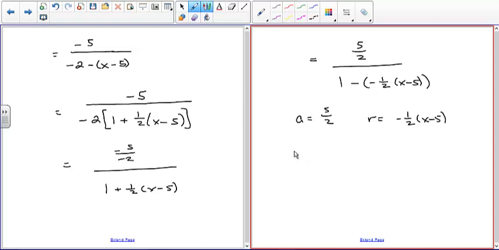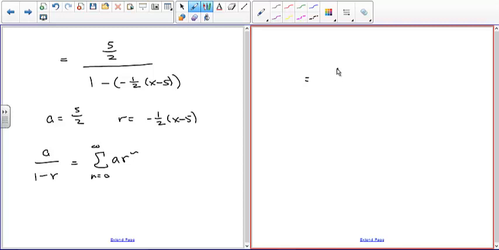So what we said was a over 1 minus r is equal to the summation from n equals 0 to infinity of a times r to the n. So now that we have a and r, we can plug them into there. So our infinite series is going to be equal to a, which is 5/2, times r, which is -1/2 x minus 5 to the n power.